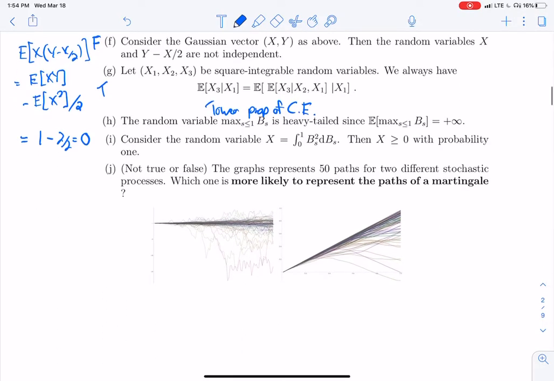The question H, the random variable maximum of Bs on the interval 0, 1 has heavy tails, since the expectation of the maximum is equal to infinity.